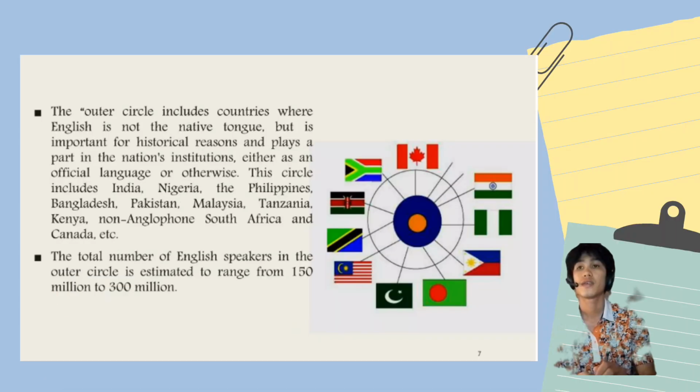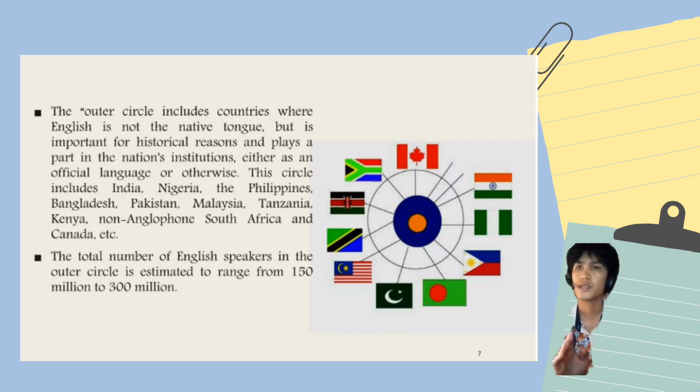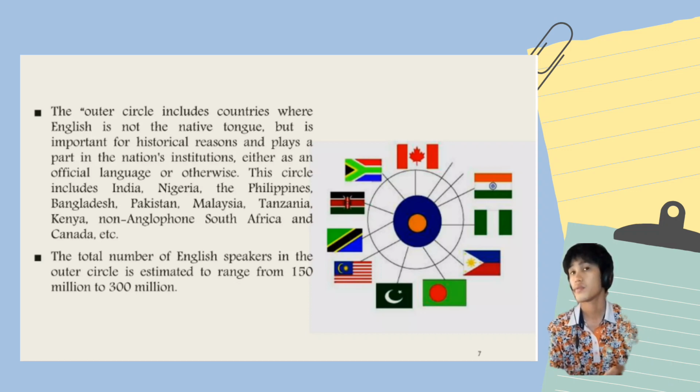And now let's go with the outer circle. The outer circle includes countries where English is not the native tongue, or let's say English is only ESL, English as a second language, but is important for historical reasons and plays a part in the nation's institutions, either as an official language or otherwise.